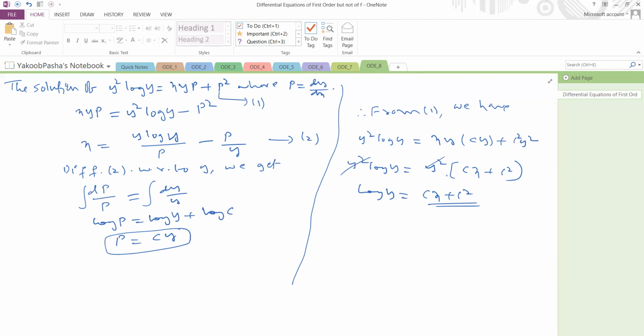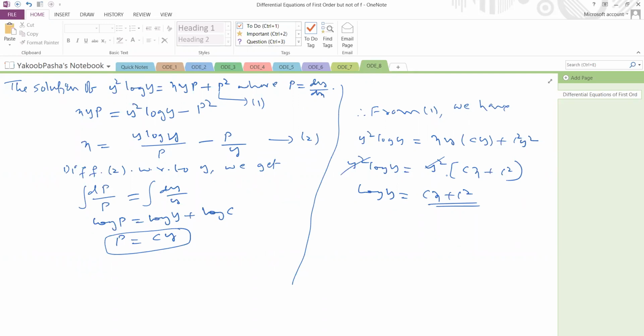Similarly, if it is easy to write the x value, then differentiate the given equation with respect to y and separate y dy terms on one side and p dp terms on the other side. Eliminate the p value and substitute in equation 1, and we get the required solution.